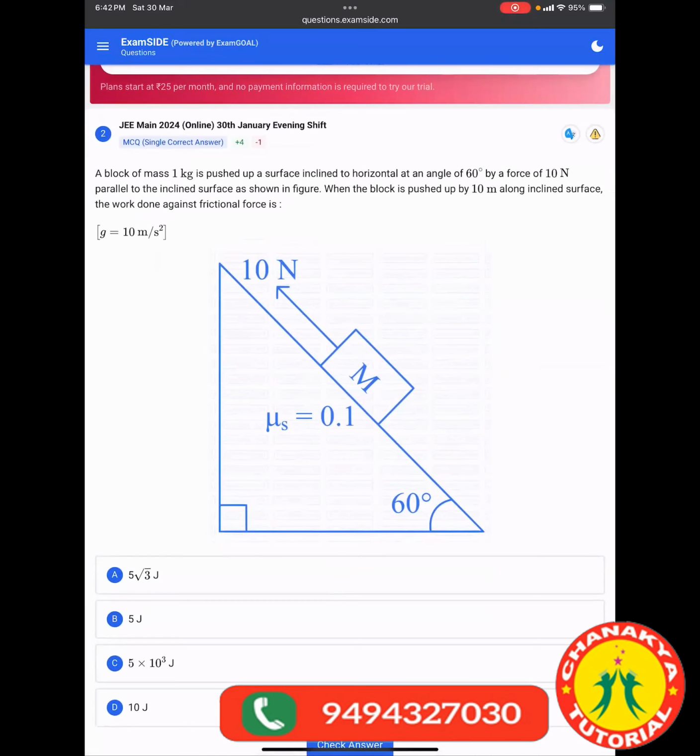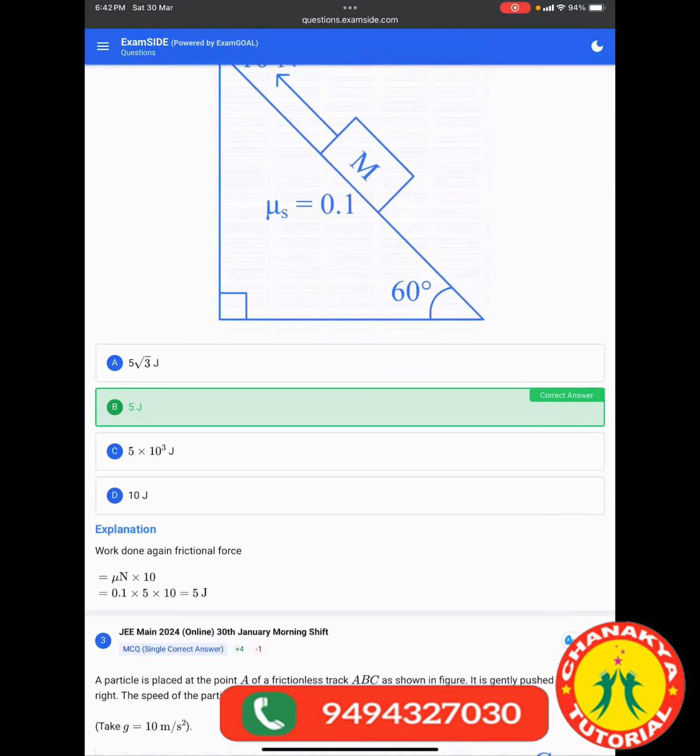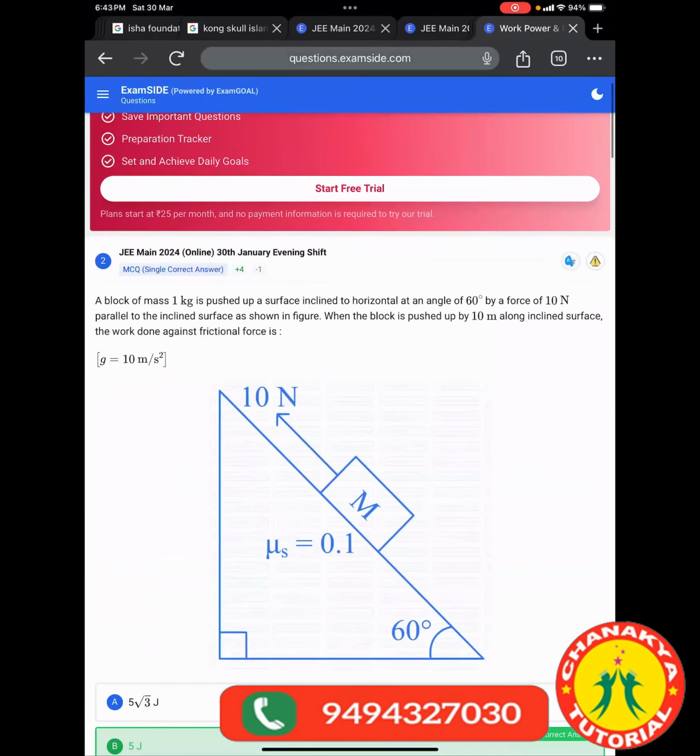So is the answer 5 joule, option B? Work done against friction is force mu into N into 10. Mu is 0.1, normal is 5, displacement is 10. See, this is work done by the friction, right? Work done against friction they are asking.